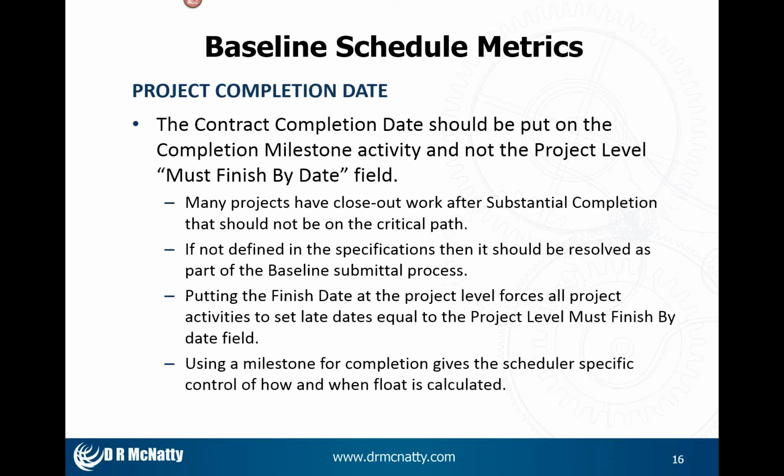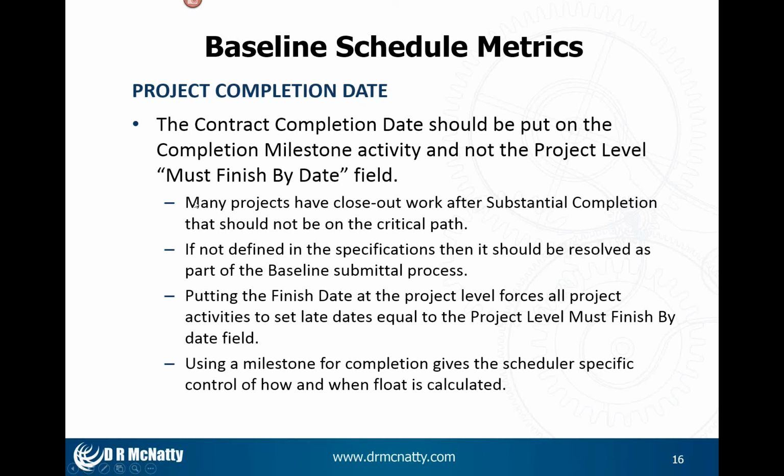The project completion date. Well, P6 has a must-finish-by date field that is commonly thought to be the best way of defining the end date of the project. I actually like to use a finish no later than constraint to manually drive it back, especially if, let's say, I have a substantial completion date, but I'm going to have work going on after substantial completion that's not necessarily on the critical path.